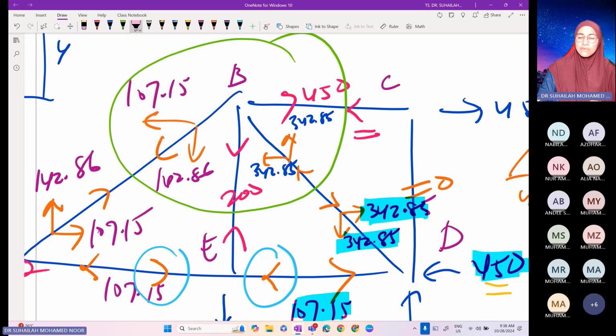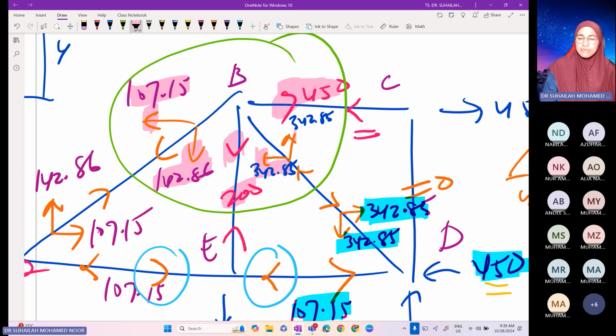Okay, cuba check for X. For X ya. 450, 450. 107 opposite, 342 opposite. Zero zero. So check for Y. For Y, sini 142 negatif. Yang ni pun negatif 200.